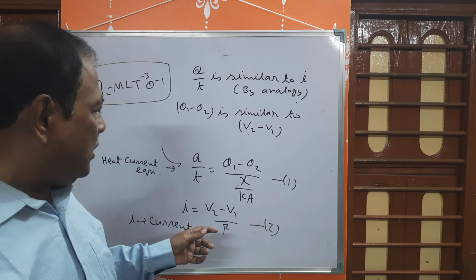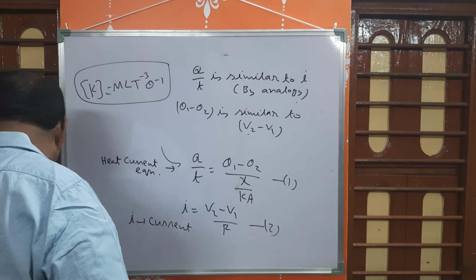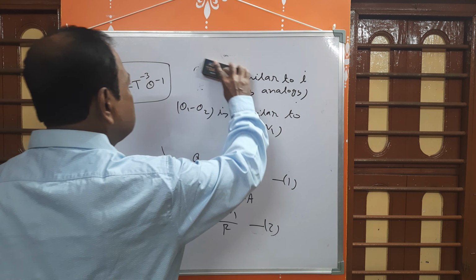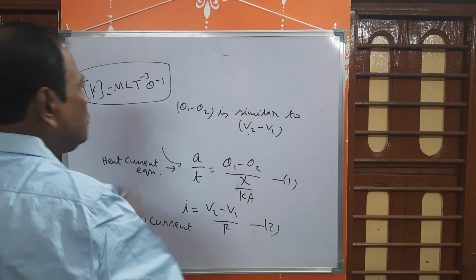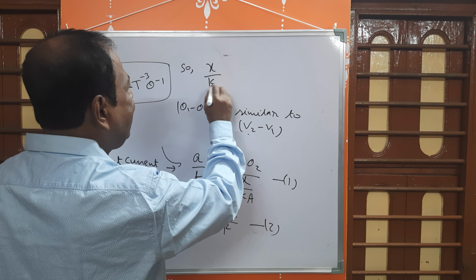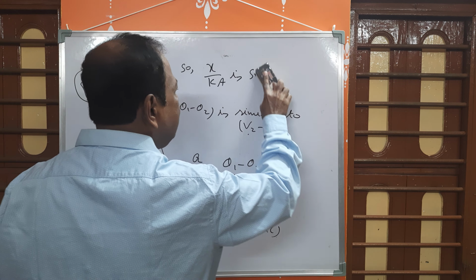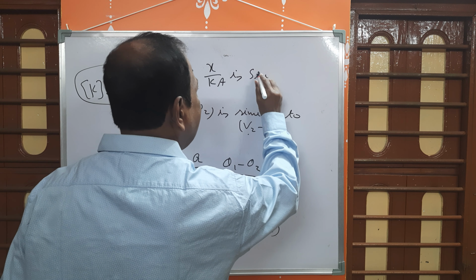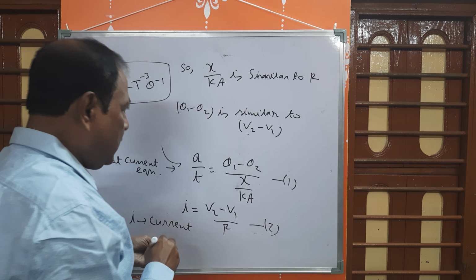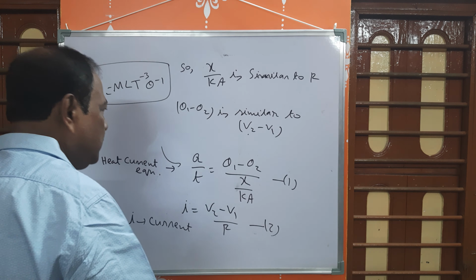So this R must be equivalent to x by K A. So x by K A is similar to R. R is called resistance, so x by K A is called thermal resistance.